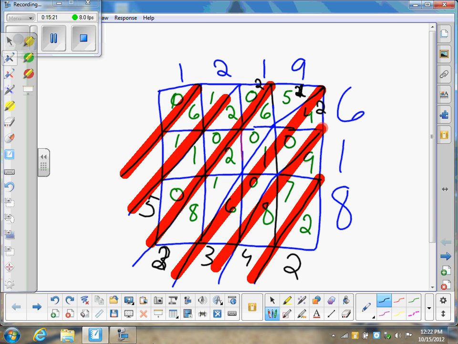Then we will go to the next column and do 6 plus 1 is 7, plus 1 is 8. Well, there we have it. Now you know how to use the lattice method.